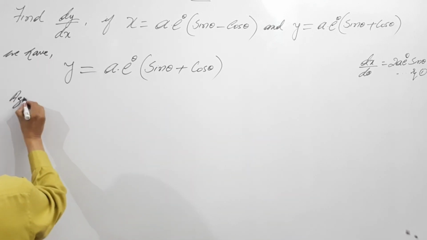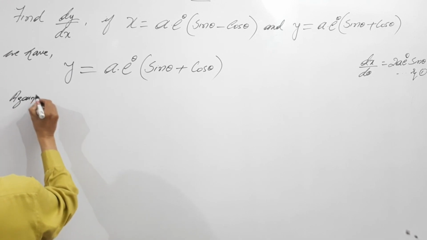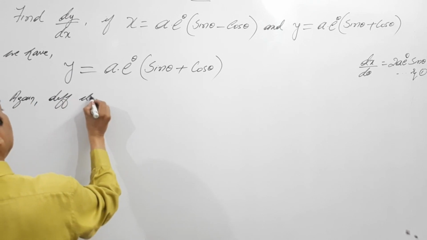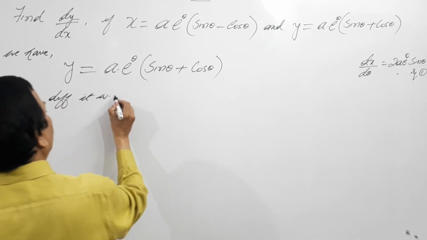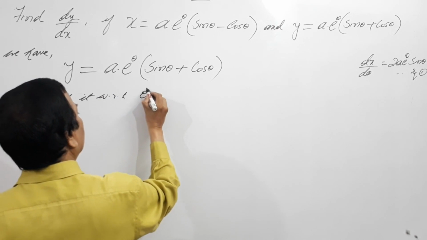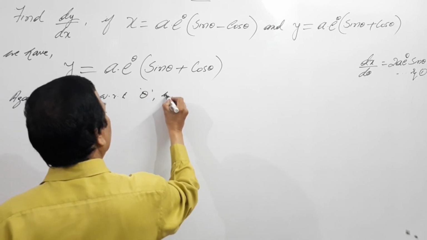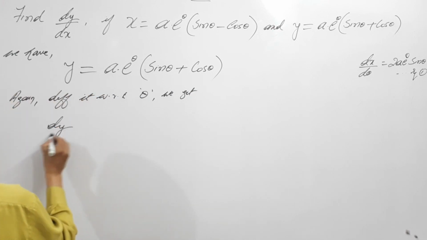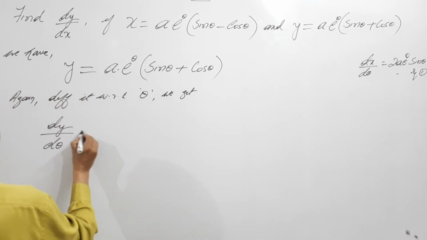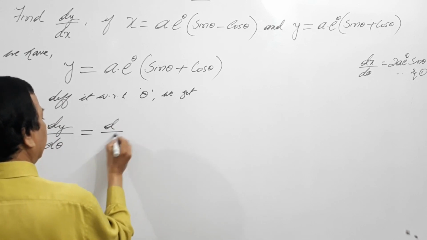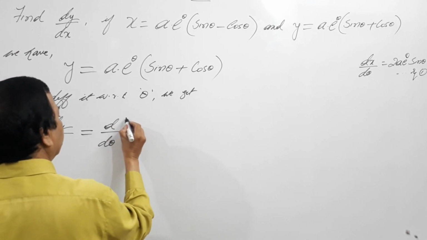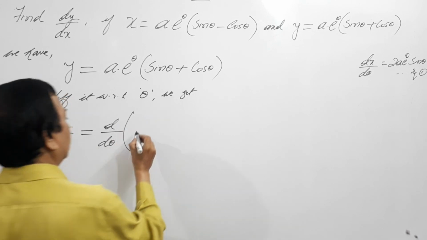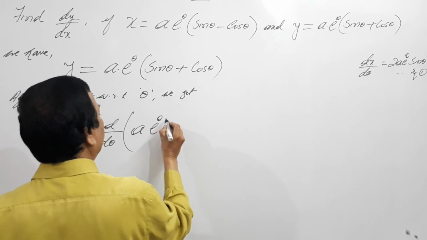Again, differentiating it with respect to theta, what happens here? dy by d theta equals d by d theta of a into e to the power of theta.